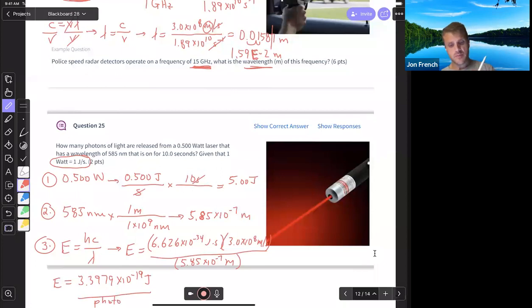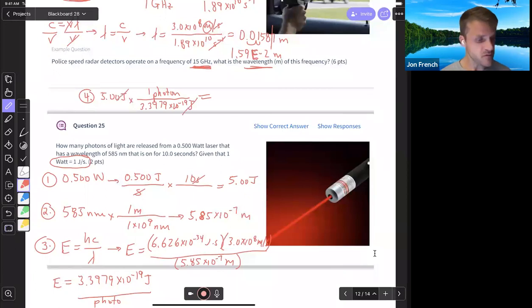All right, so our last step, I need to have 5 joules of energy. And I know for every 1 photon, I'm going to have 3.3979 times 10 to the minus 19 joules. So joules are going to cancel out, and we're going to be left with numbers of photons.